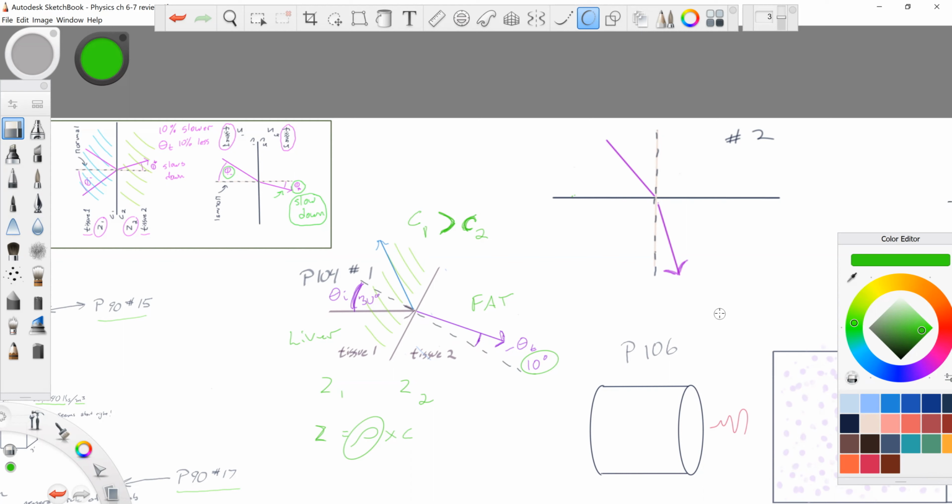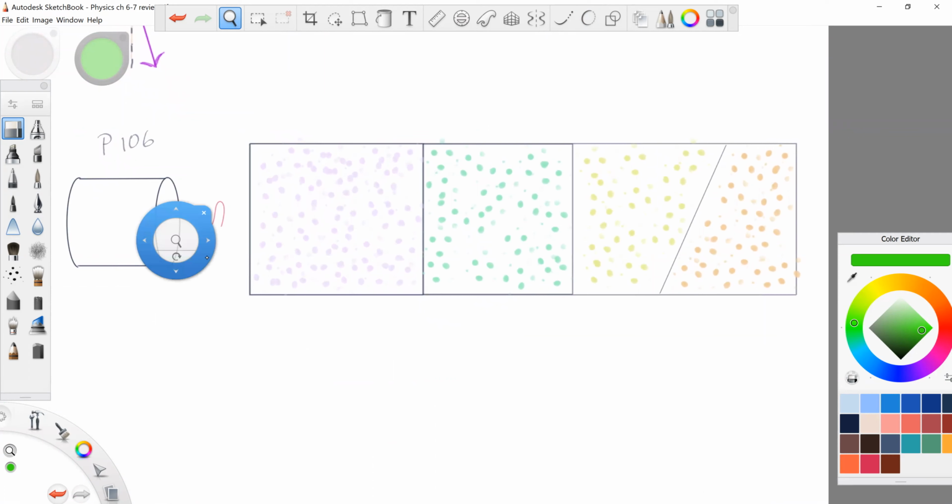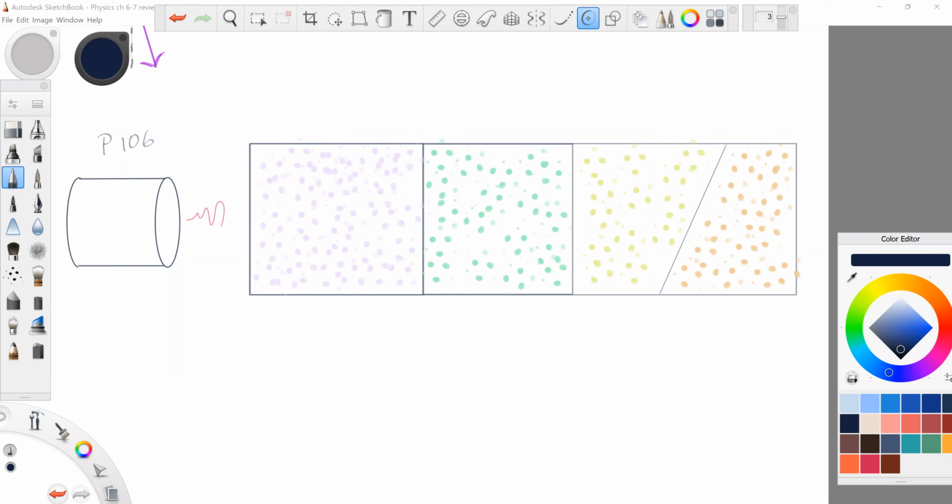Okay, oh, page 106. I drew the little picture they have here, more or less. I think I could add some numbers here. So there's mediums 1, 2, 3, and 4.